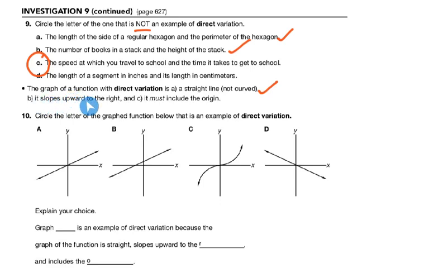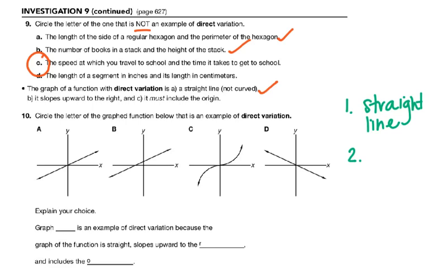The graph of a function with direct variation is a straight line, slopes upward to the right, and must include the origin. Okay, so when we're graphing a direct variation, it has to include those three things. It has to be one straight line.